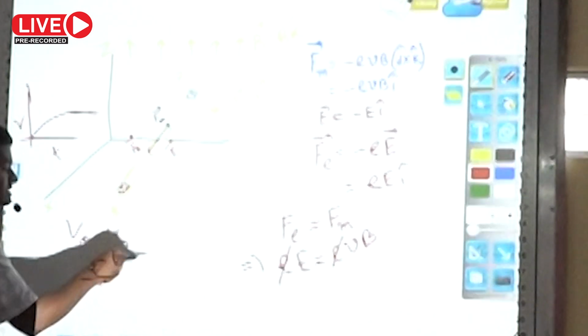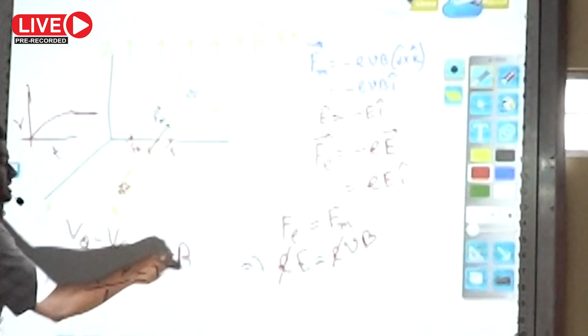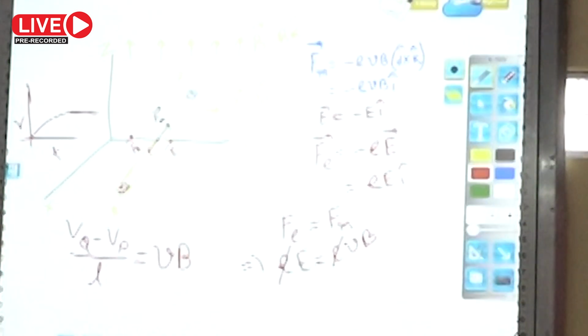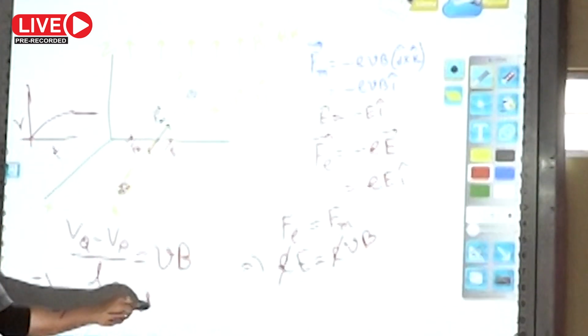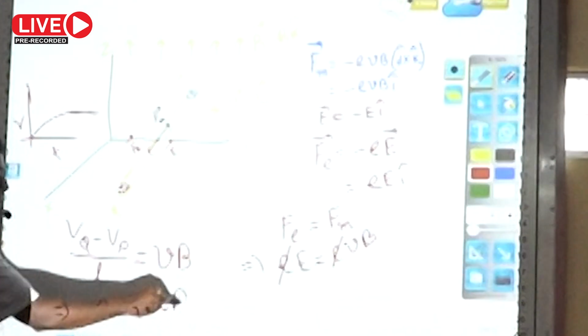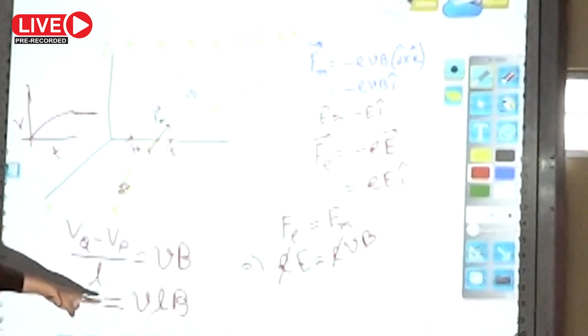Then that can be written as v into B. So I can write this is equal to vLB. This potential difference, Vq minus Vp, is equal to vLB. Here capital V denotes potential and small v denotes velocity.